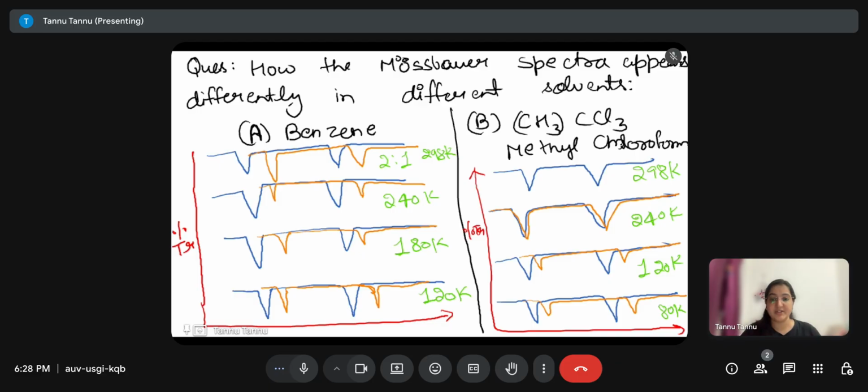So the spectral difference in the two solvents is, in the benzene we see localized Fe2+ Fe3+ Mossbauer peaks at all the temperatures. But in case of methyl chloroform, at higher temperature, the Fe2+ Fe3+ peaks get delocalized. That is, the peaks get delocalized and they merge into each other.